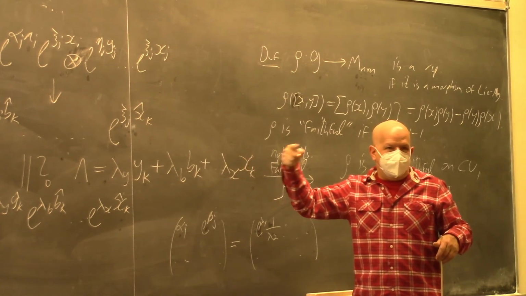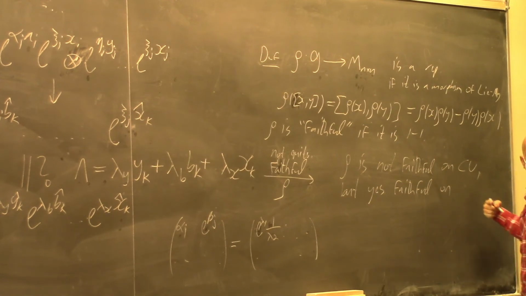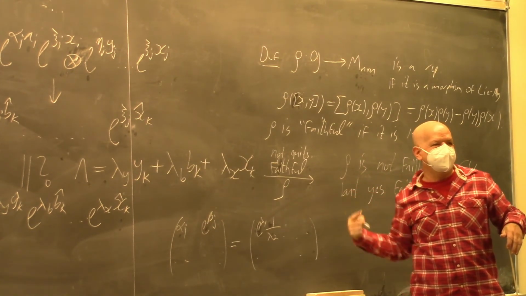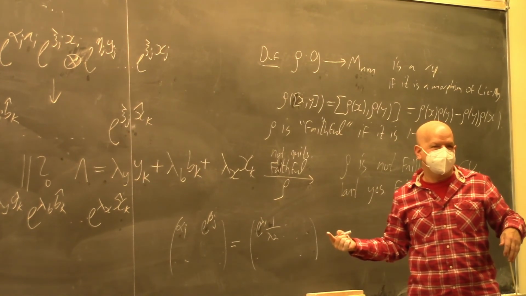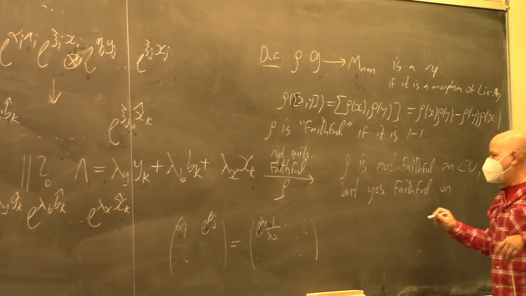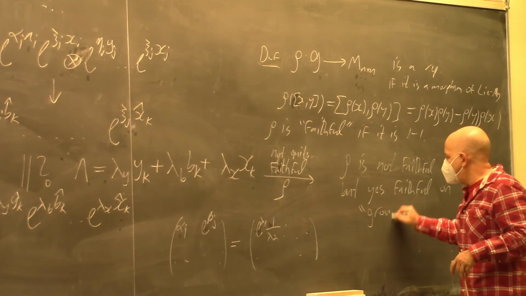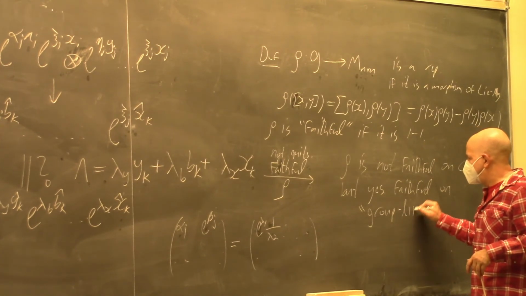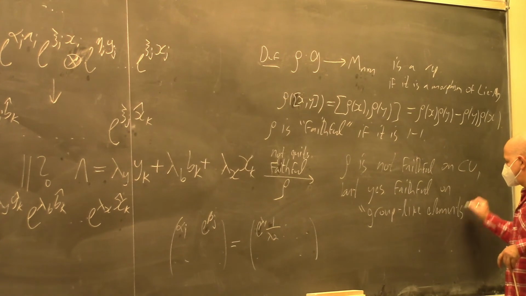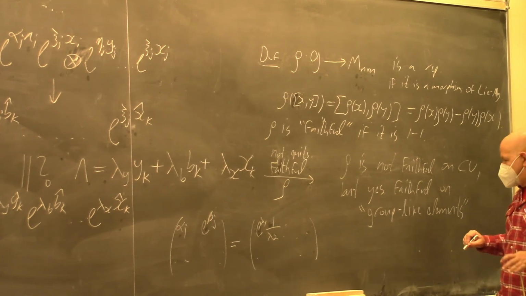Okay? And if you switch to QU, then we're not in that small subset, and you don't have faithfulness. So it is yes faithful on so-called group-like elements. And what are group-like elements?